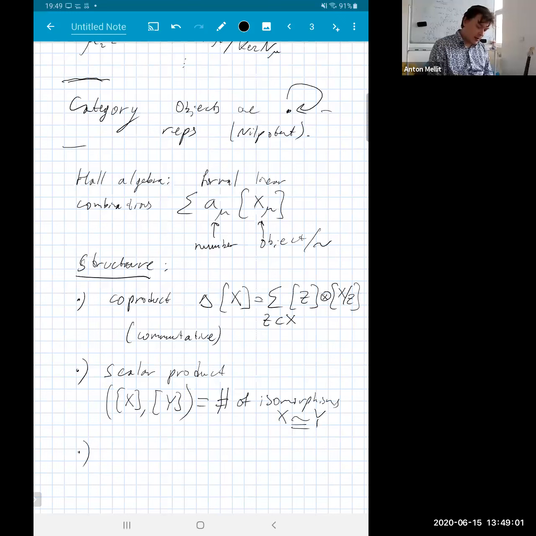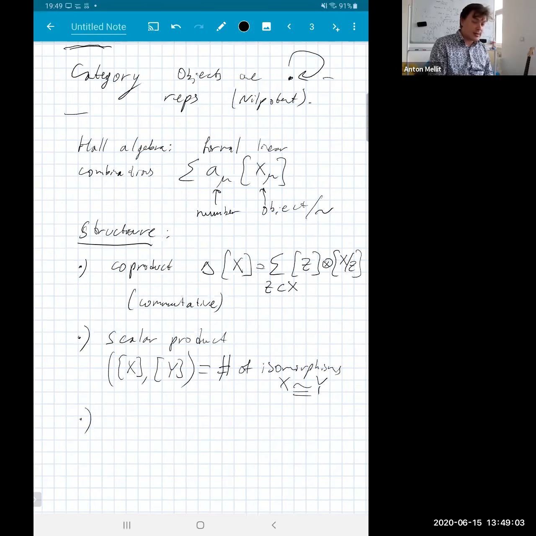And then I can dualize the coproduct. Dualize the coproduct using the scalar product. So let's number them 1, 2, 3. Dualize the coproduct 1 using 2 and get a product.